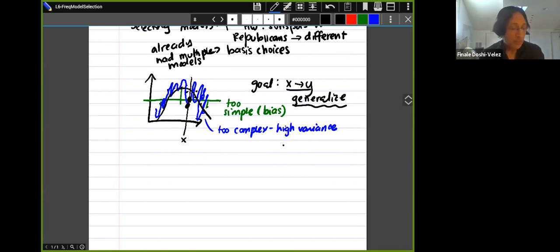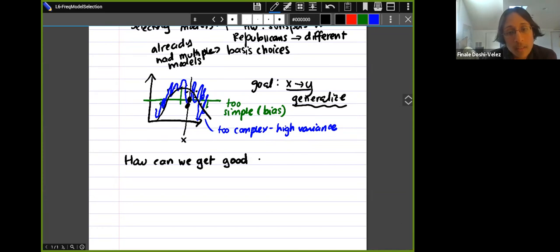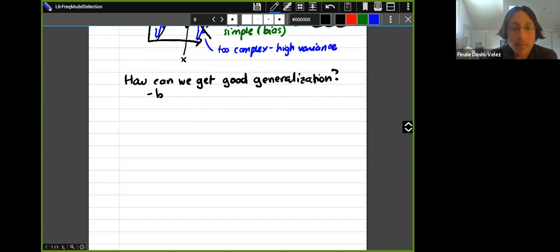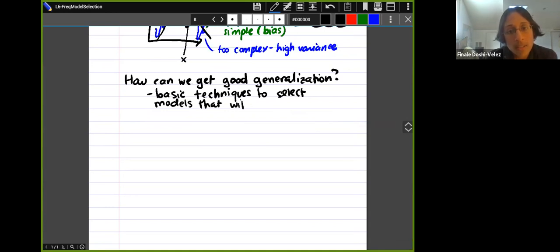All right. So to do that, how can we get good generalization? Today we're going to split this into 3 parts. We're going to talk about some basic techniques to select models that will generalize.